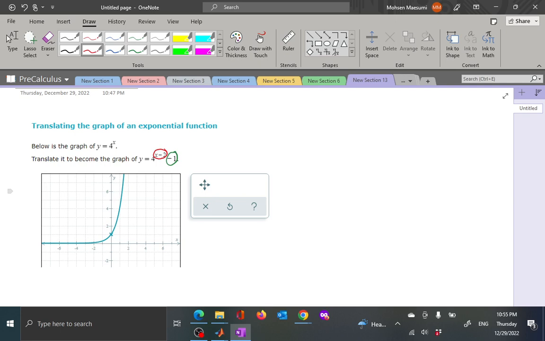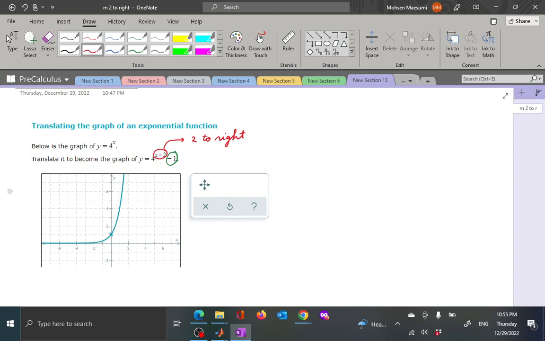Do you remember that? This x minus 2 means we are going to go 2 to right. Okay, x minus any number, we are going to go that number to right. And if it goes x plus some number, we go that number to left.